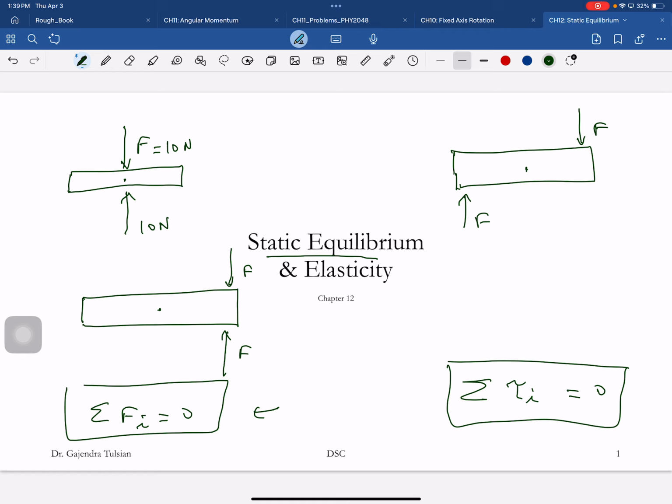These two conditions are the foundation for this entire chapter on static equilibrium, just those two. You'll apply those two equations to various situations. And then elasticity is, you stress an object, it deforms, and when you release the stress, you want it to go back to its original shape. So those are the two topics we'll talk about.